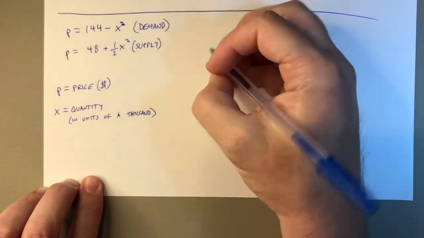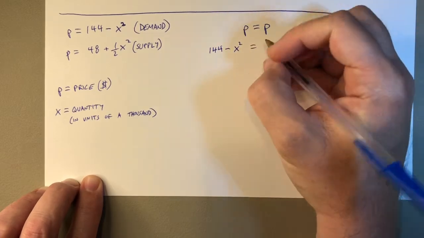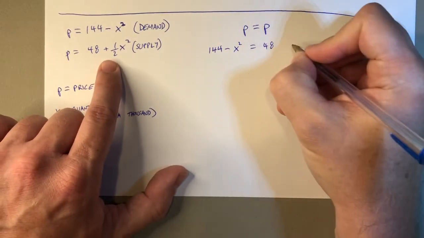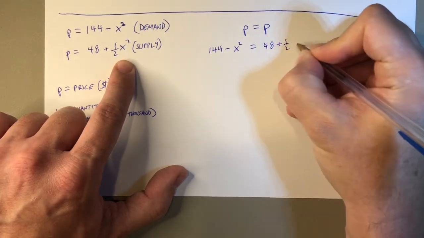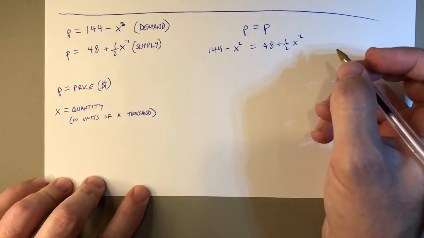Very similar to what we've been doing thus far, we're going to let these two expressions in terms of X be equal to one another to ultimately solve for X and determine our market equilibrium. How do we do this?